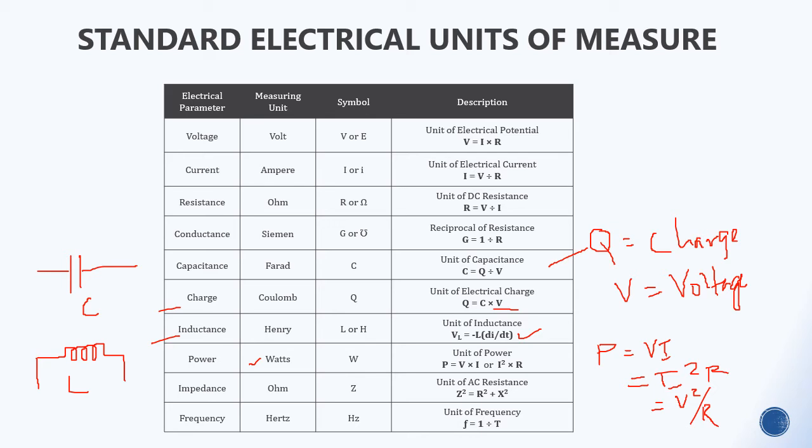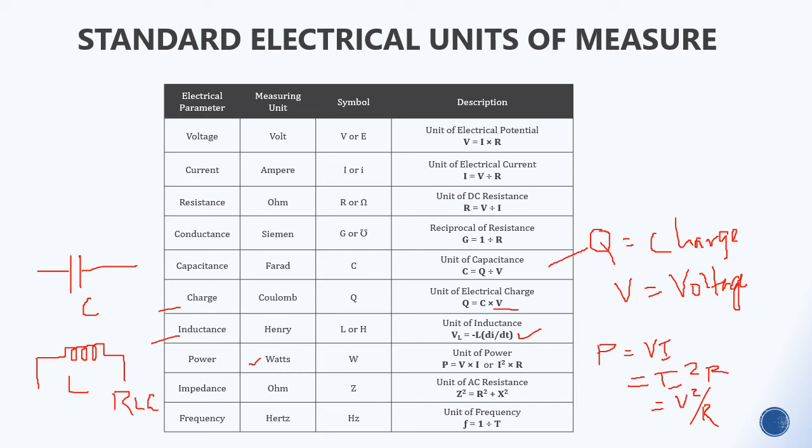Then impedance. Impedance is something like a resistance. Normally the impedance can be measured for the RL circuit, RC circuit or RLC circuit. Here R represents resistance, L represents inductance, C represents capacitance. The measuring unit is ohms.